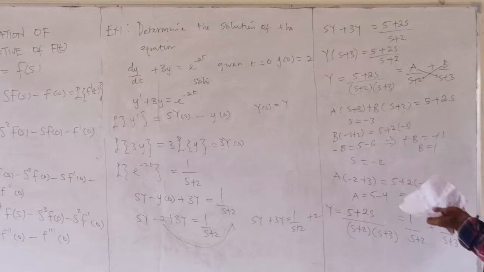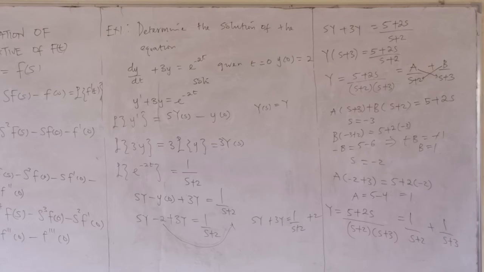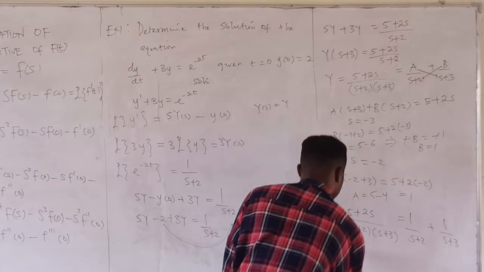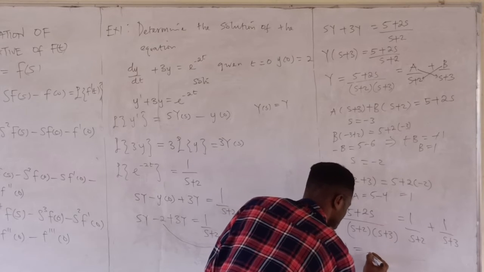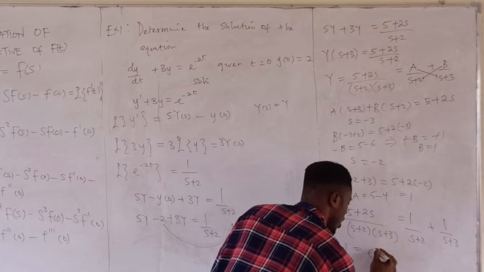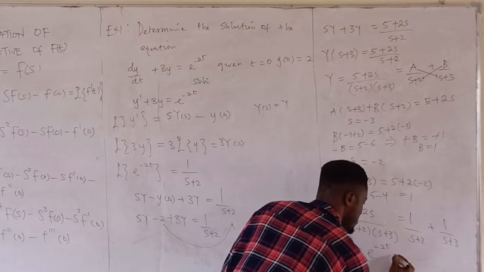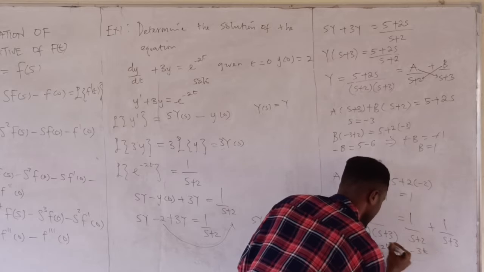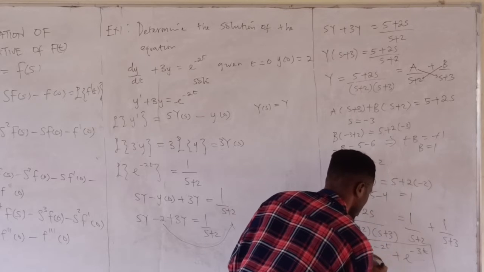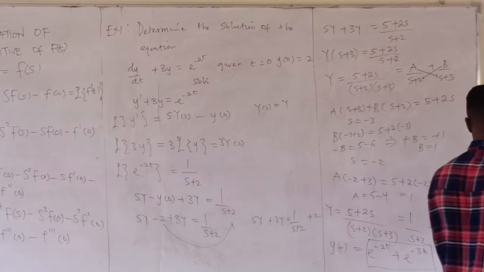So when we have this, which f of t gives us this kind of function? We can clearly see that y of t, which is the final answer, will be equal to the exponent of minus 2t plus the exponent of minus 3t. So this is the final answer to this equation.